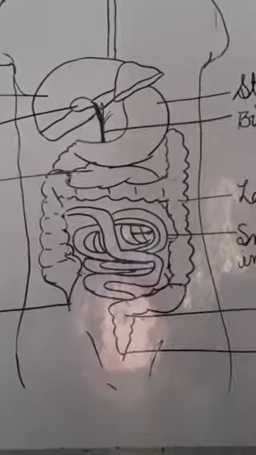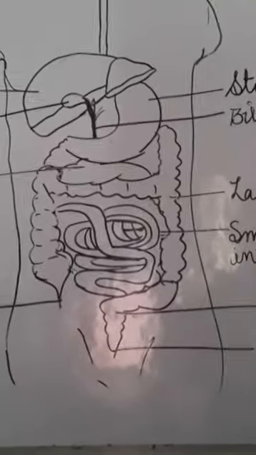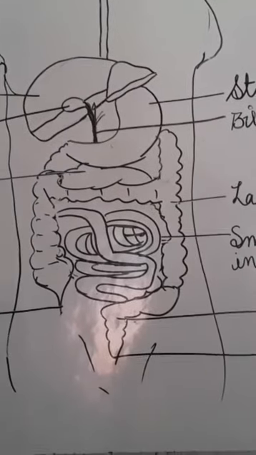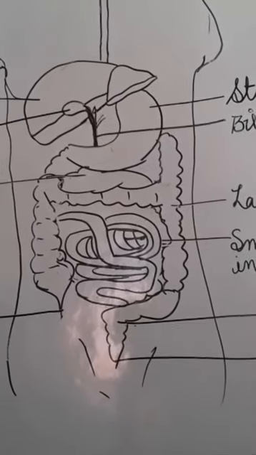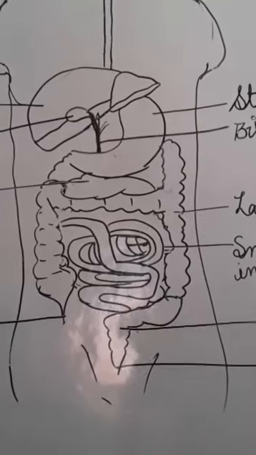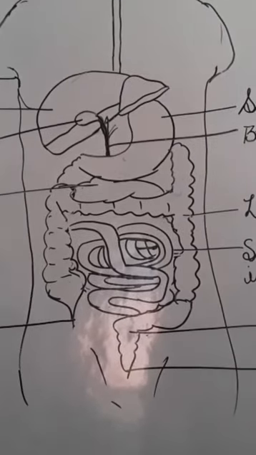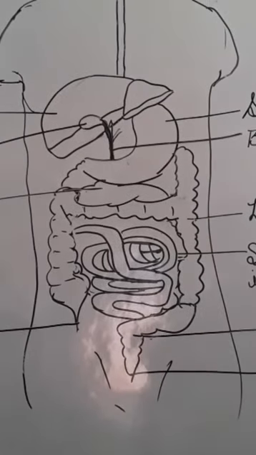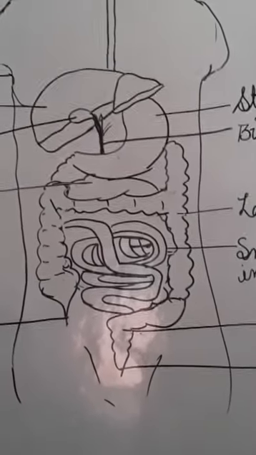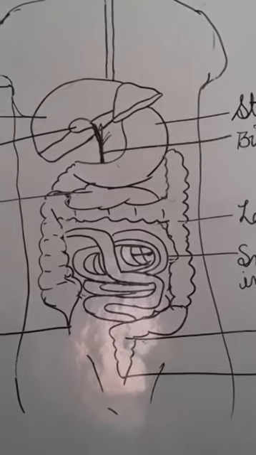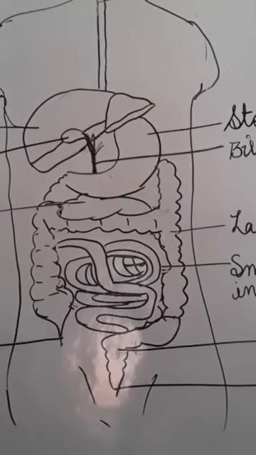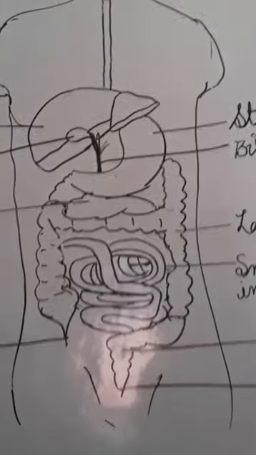In the small intestine, various secretions reach, like bile juice secreted by the liver, and pancreatic juices, and the intestine also secretes intestinal juices. So this is the site of complete digestion of carbohydrates, proteins and fats, and most of the digestion takes place in the small intestine.